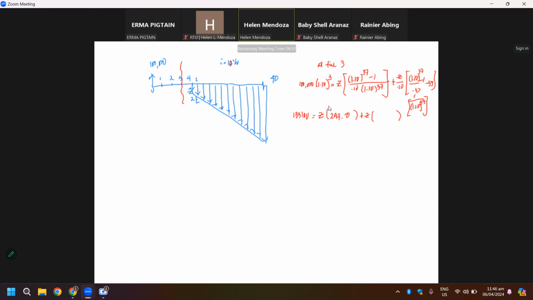Parang hindi. 1.10 raised to 37. So, sa ilalim, 0.10 times. Ma'am Helen, question po. Ma'am, sa akin yung pangalawa is, kasi may Z over 0.10 na may 37.